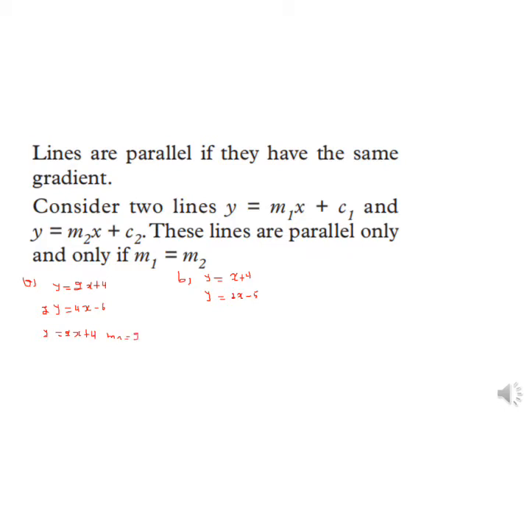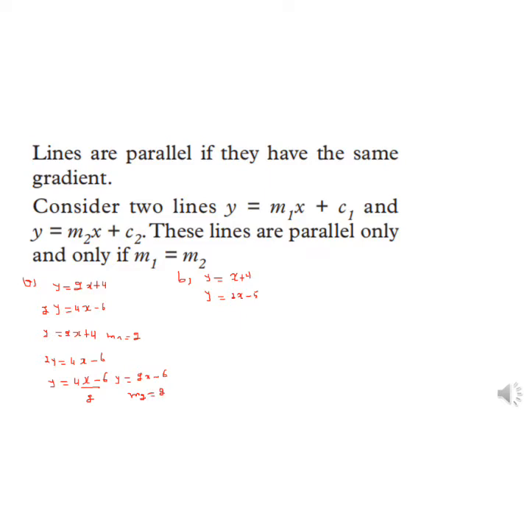About the second line, we have 2y is equal to 4x minus 6. So now y is equal to 4x minus 6 over 2, so y is equal to 2x minus 6. And now the gradient of the second line.